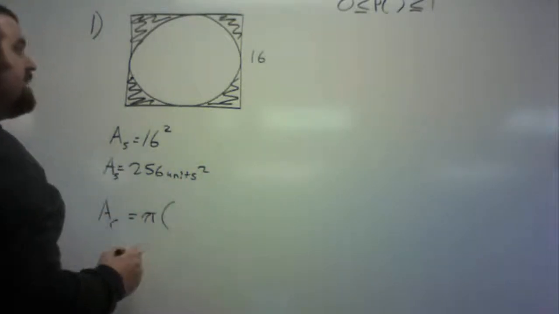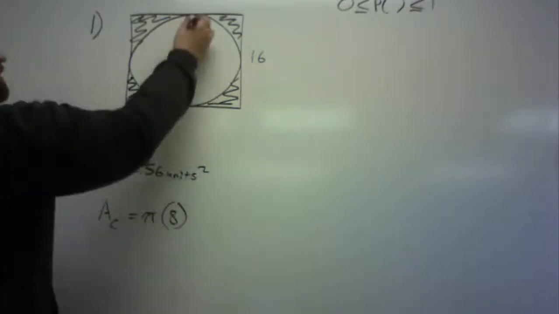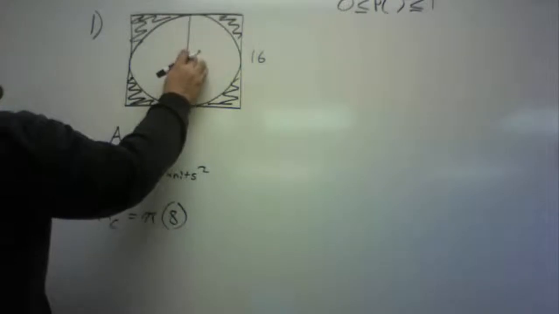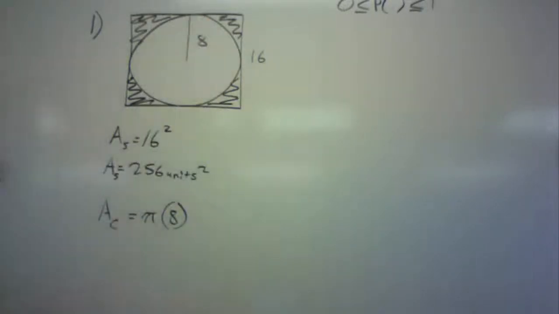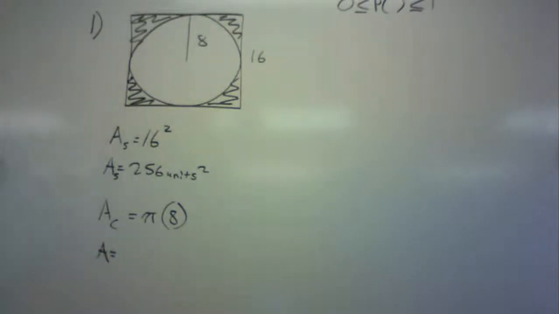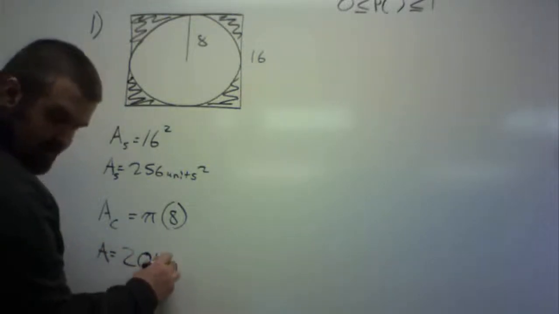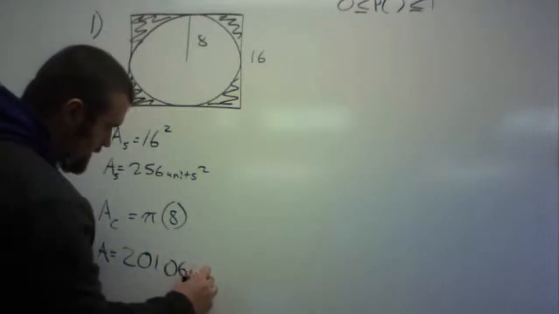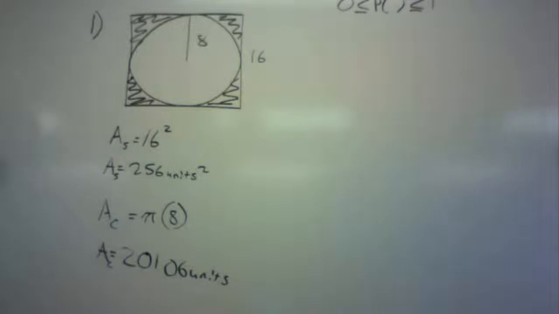Pi times the radius, which isn't 16, it's 8, because if the full length is 16, then half is 8. So area equals 64 pi, or 201.06 units squared. So this is the area of the circle.